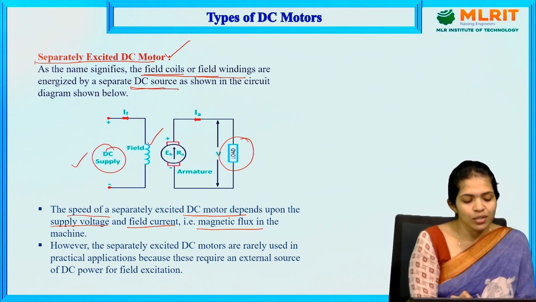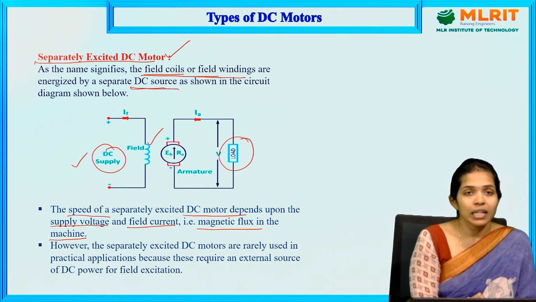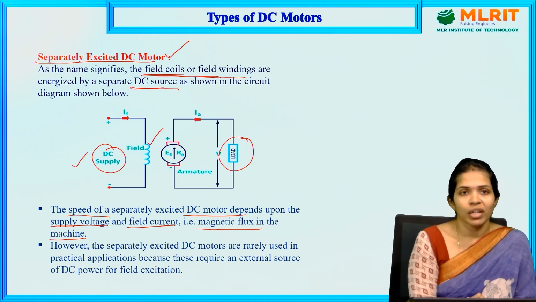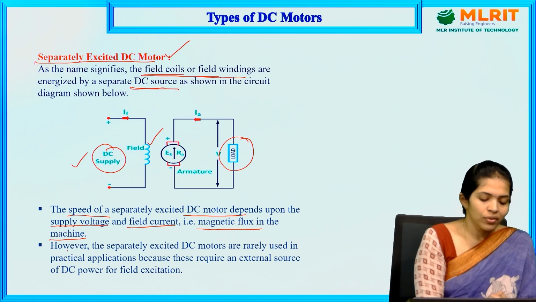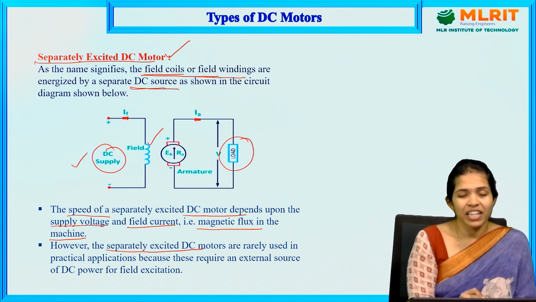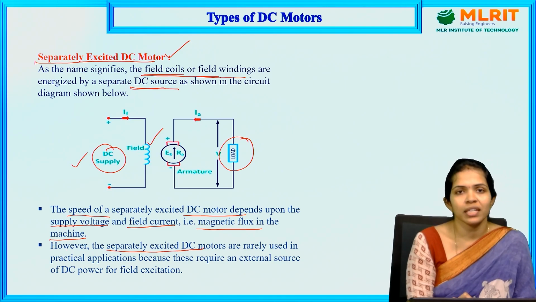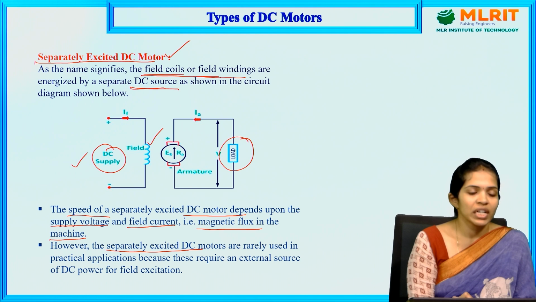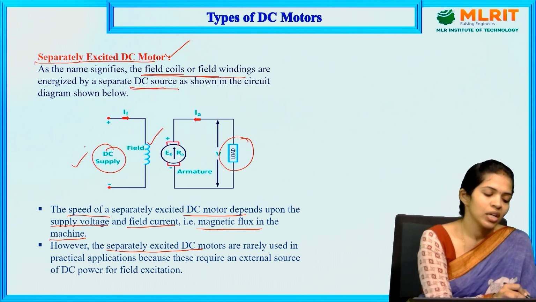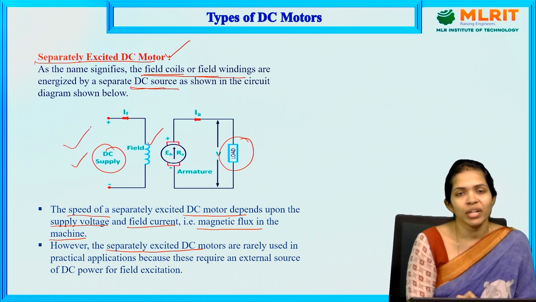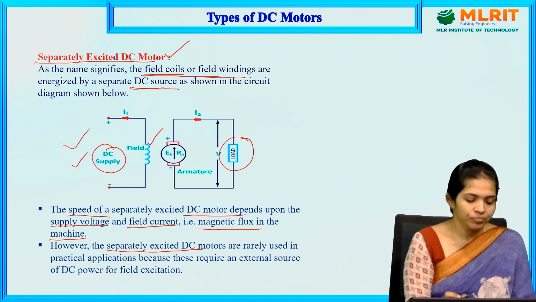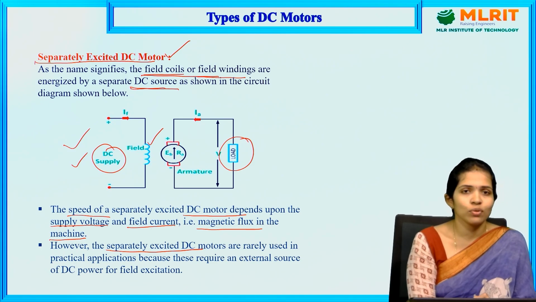The magnetic flux set up in the field winding is linked with the field current, which is given by the supply voltage. However, we find very rare applications of the separately excited DC motor because of its only disadvantage, that it requires a separate source for its excitation. That's why we rarely use separately excited DC motors.